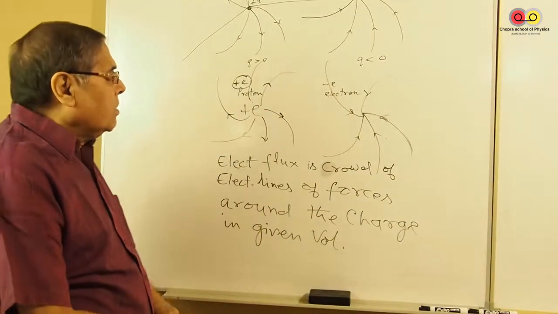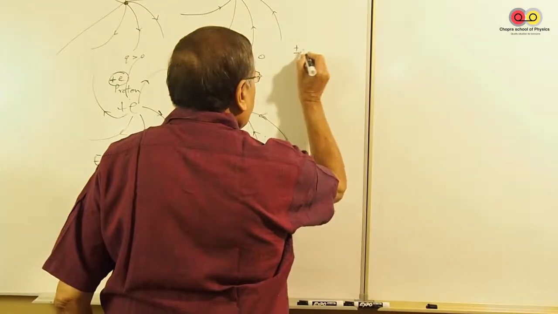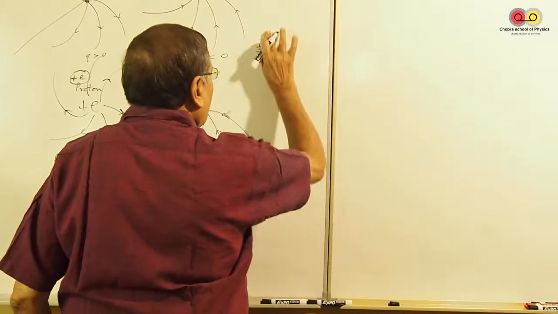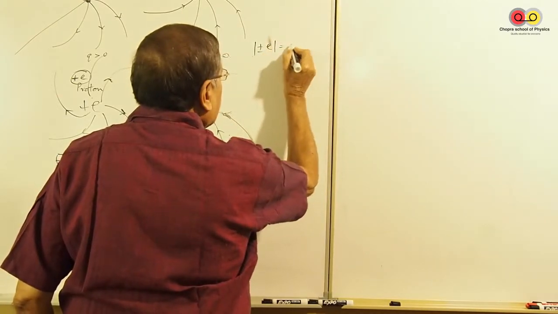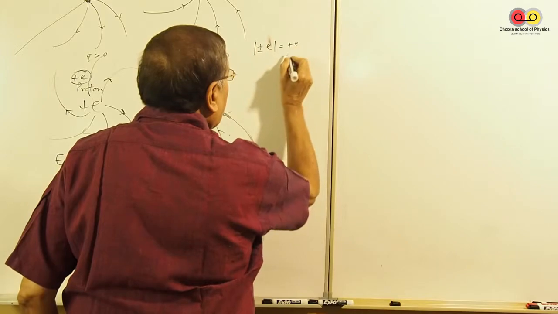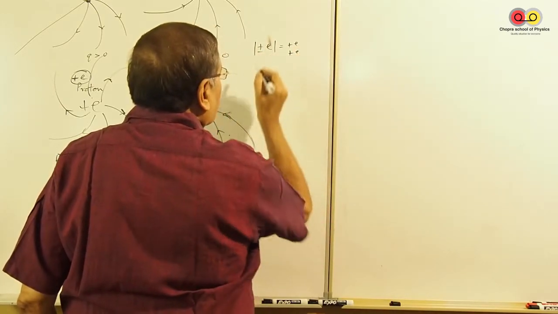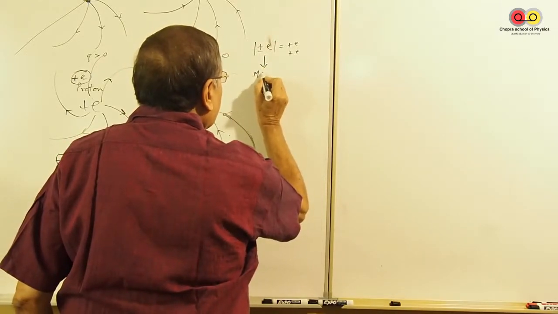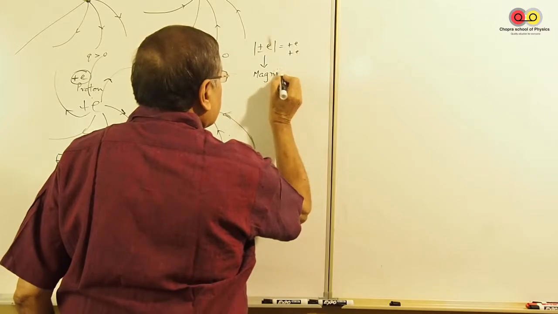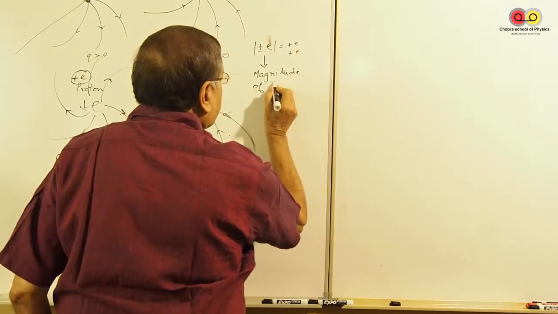Now, if we write like this, that is plus minus Q or plus minus E modulus, it will be plus E, or minus E is also written as plus E. So when you write like this, it is the magnitude of charge.